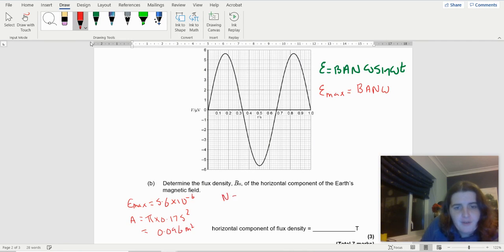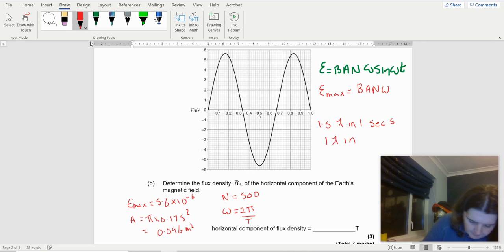N is 500. And omega is going to be 2 pi over T, so I need to find the time period of one oscillation. It's a bit awkward in this one, but I do know I get 1.5 waves in 1 second. So I get 1 wavelength in 0.67 seconds.